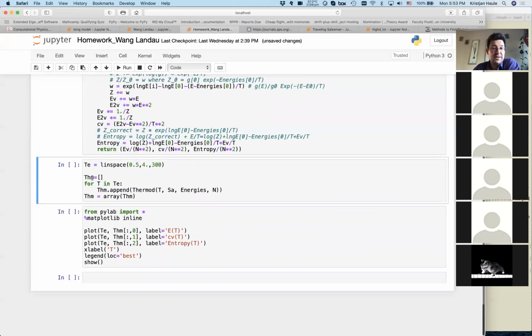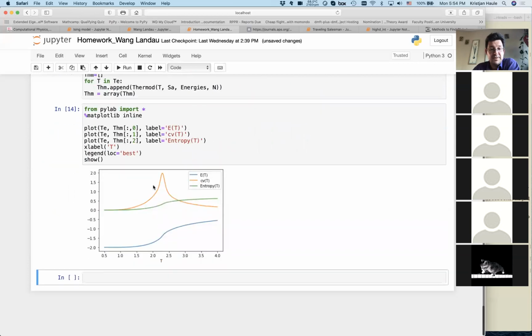And then again, I take some linear mesh of temperatures, 300 points, and evaluate thermodynamics on all those points. Okay, and then I plot this. And now we have solution for the 2D Ising model, average energy, which goes to -2 at low temperature and close to 0 at high temperature. Entropy that goes to 0 at low temperature and log 2 at high temperature, and finally specific heat that has a peak at a transition 2.2.